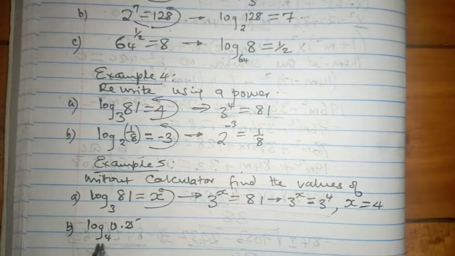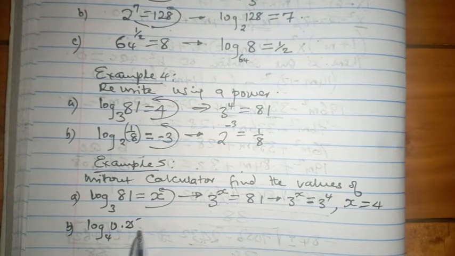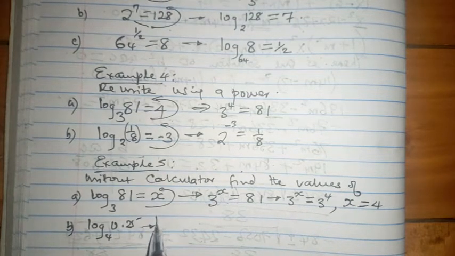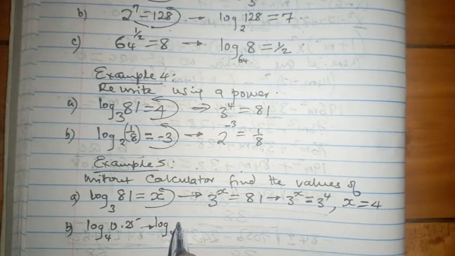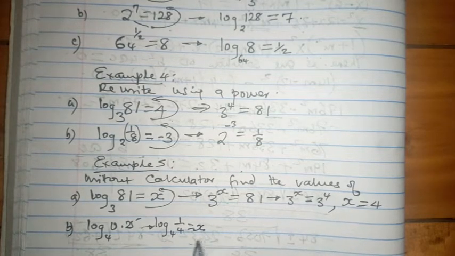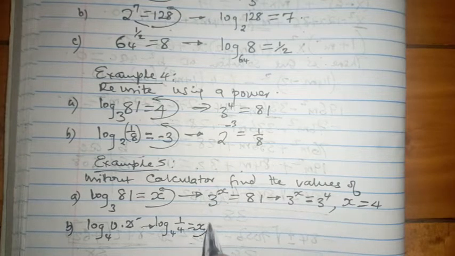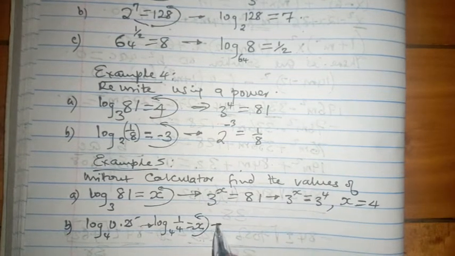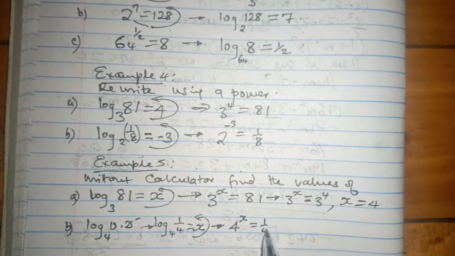And if you want, we would rather write this one in a fraction form, which gives us the logarithm to base 4 of 1/4 is equals to, let's say, x. Again, if you apply the anti-clockwise movement, it is going to give us 4 raised to power x is a quarter.